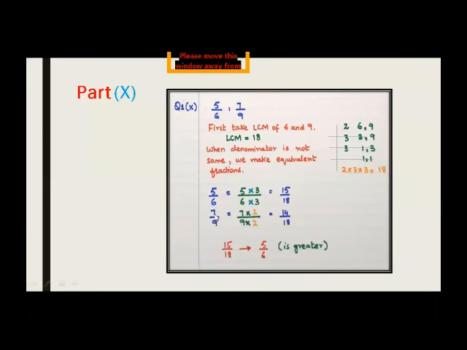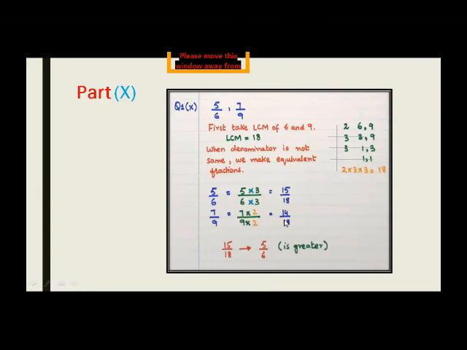Now, the next fraction, 7 upon 9. You will multiply 9 by which number to get 18? Very good, 2. 9 2s are 18. And whatever you do in the denominator, you have to repeat that process in the numerator. So 7 2s are 14 and 9 2s are 18. So now these two are equivalent fractions.